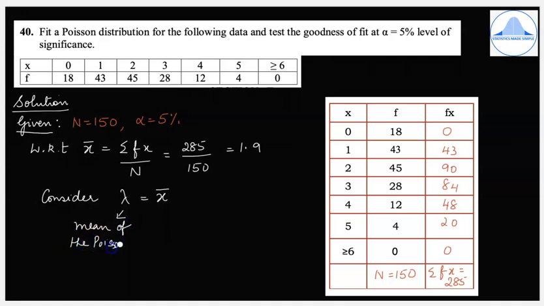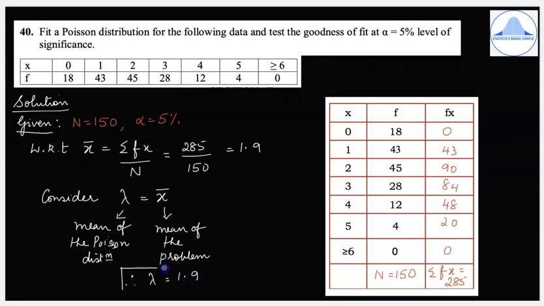Again, I have explained in my previous videos about this. So lambda is the mean of the Poisson distribution and x bar is the mean of the given problem. So when we equate both, we get therefore lambda is equal to 1.9.